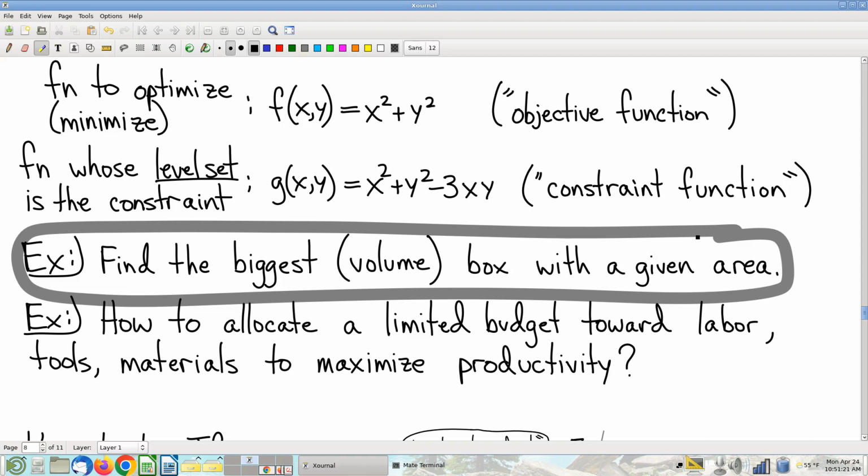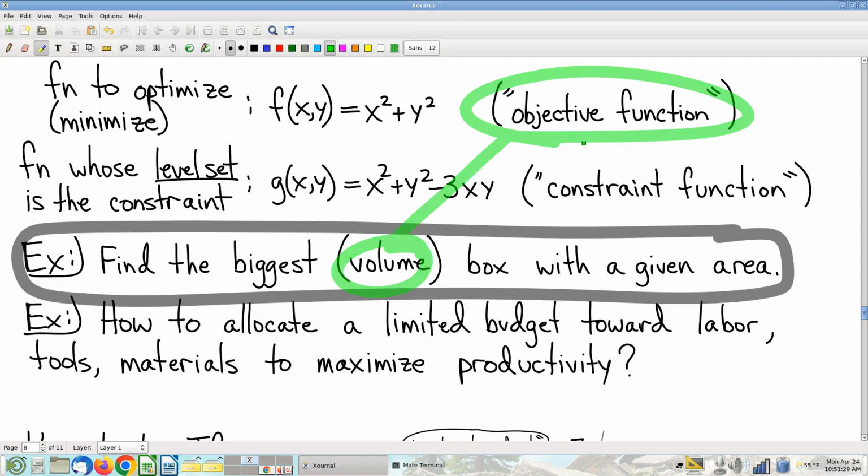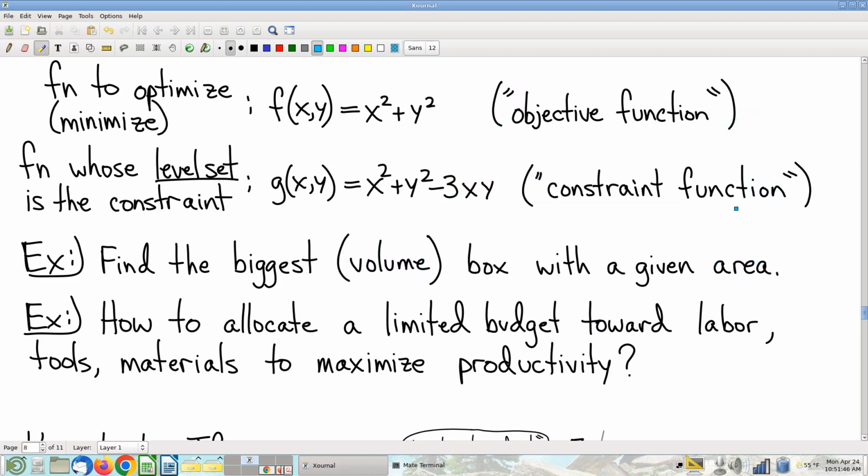Well, among those that have a given fixed area, which one has the biggest volume? So the thing that we're trying to optimize is volume. Our constraint function is area. Is that surface area? Yeah, surface area. Right. So, constrained optimization problem.